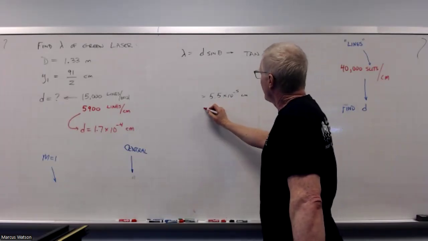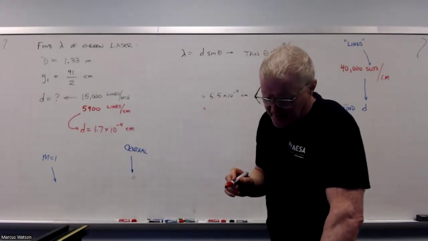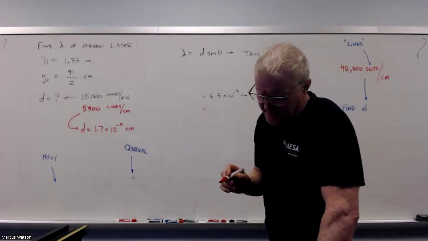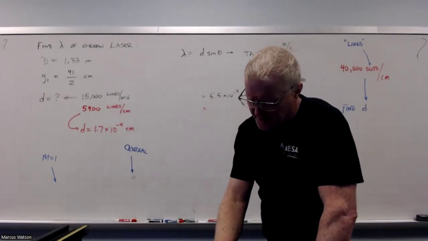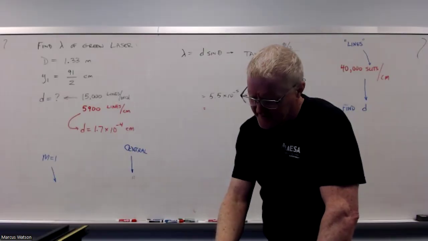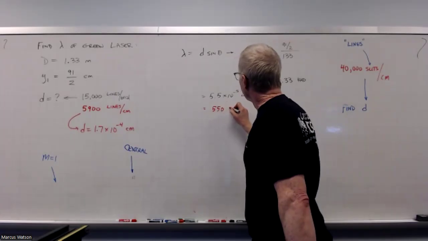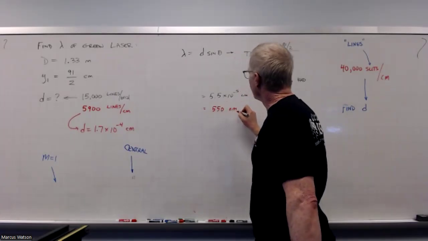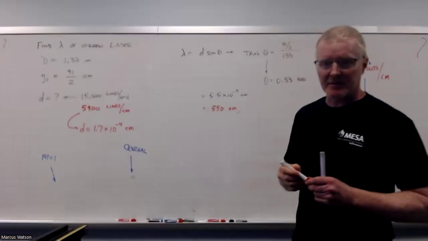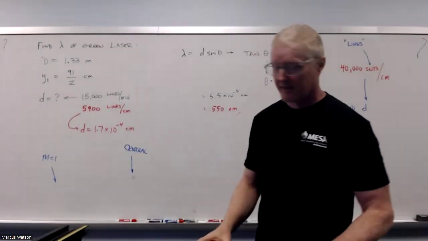Which hopefully translates to 550 nanometers, unless I counted my zeros wrong. I see a nice 550 right there. Yeah, 550 times 10 to the minus 7 is 550 times 10 to the minus 9. So yeah, 550 nanometers. It's a nice bright green, and that's what we got.